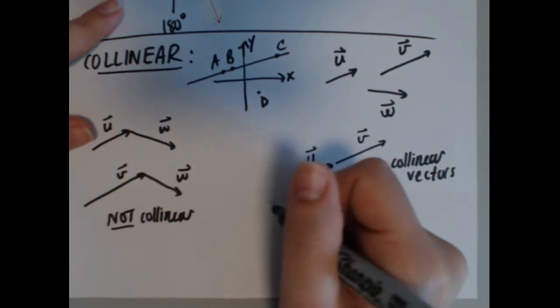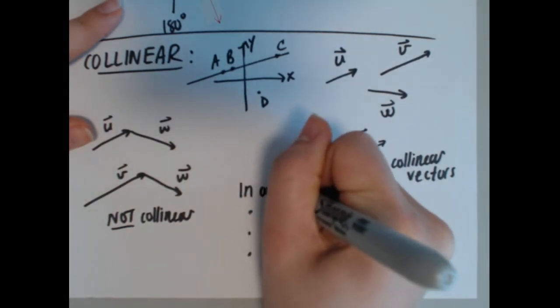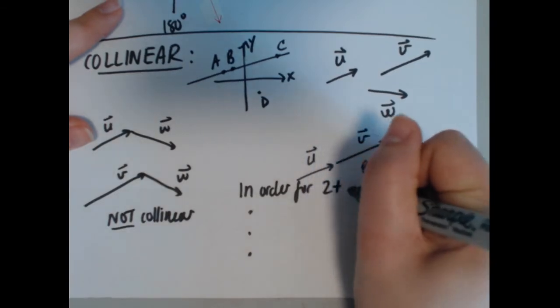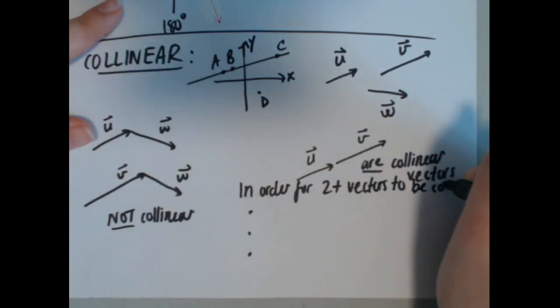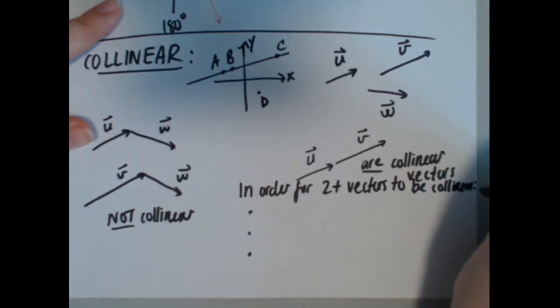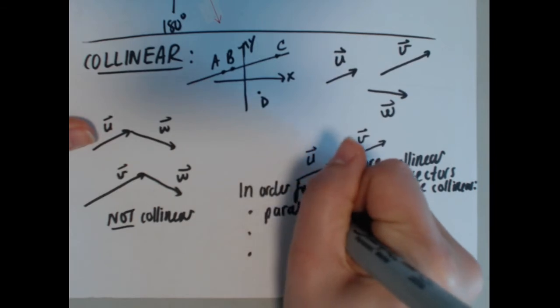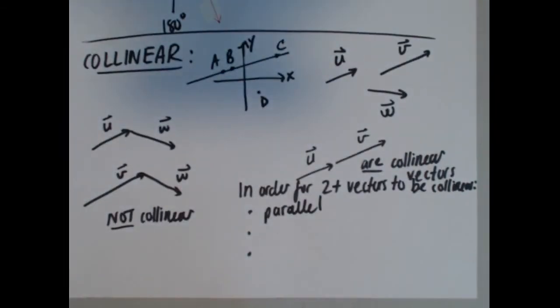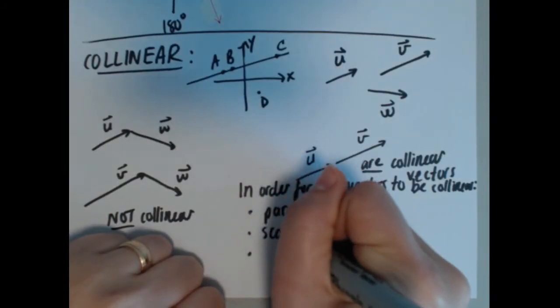Okay, so a couple things. In order for 2 or more vectors to be collinear, well, they have to satisfy some requirements. Well, we already determined they have to be parallel. But from the first page that we were looking at, when vectors are parallel, that also implies that they are scalar multiples of each other.